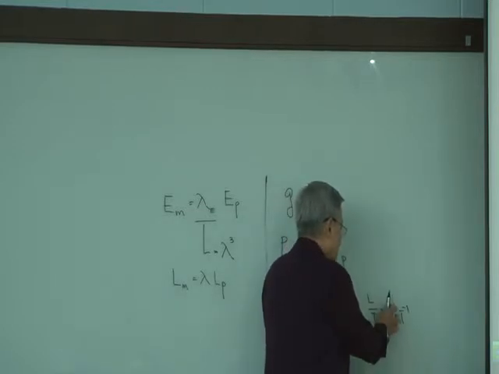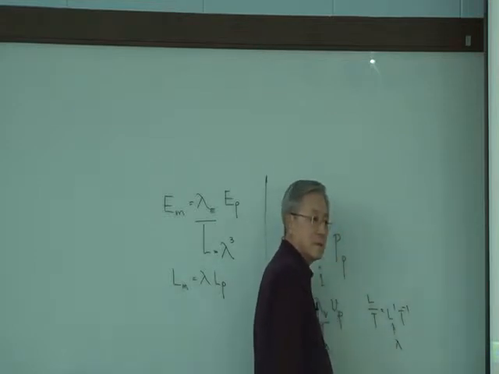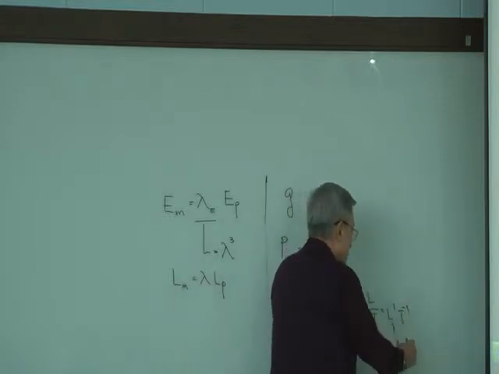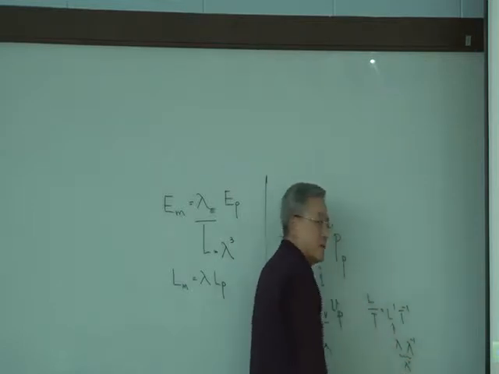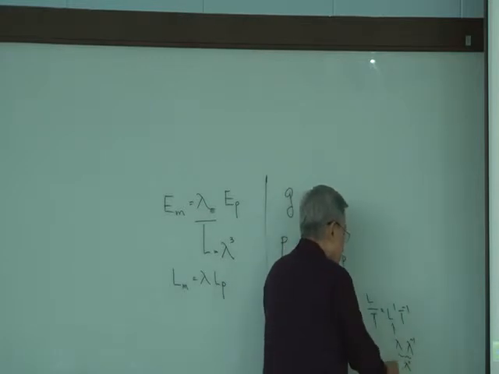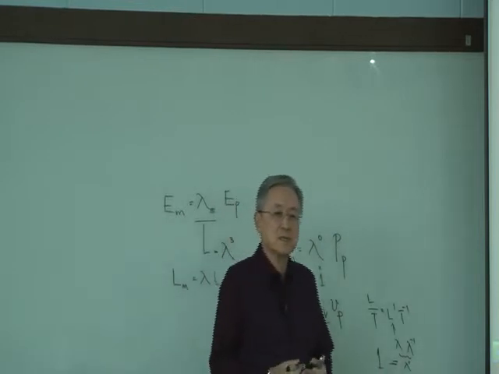So L scale factor is equal to lambda, right? And the scale factor for T to the minus 1 is lambda to the minus 1. If you multiply this, what's this? Lambda to the 0 power, this is equal to 1. Scale factor for the velocity is 1.